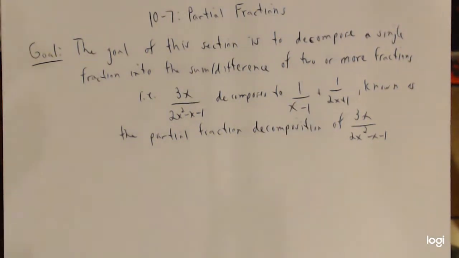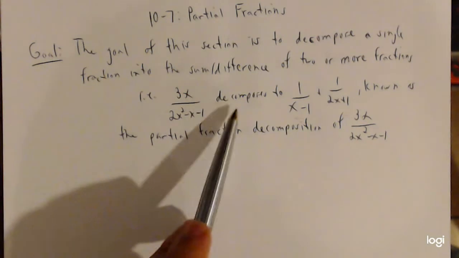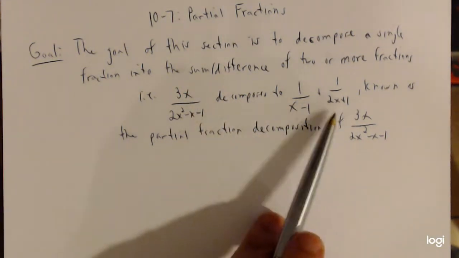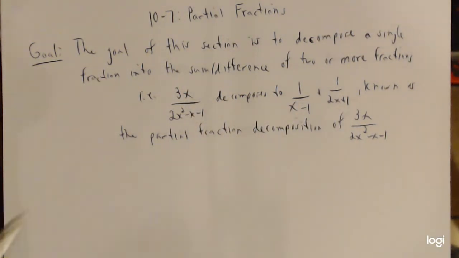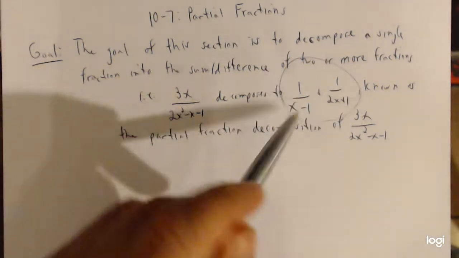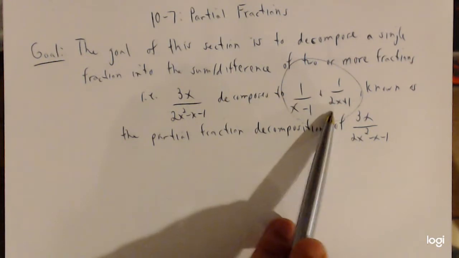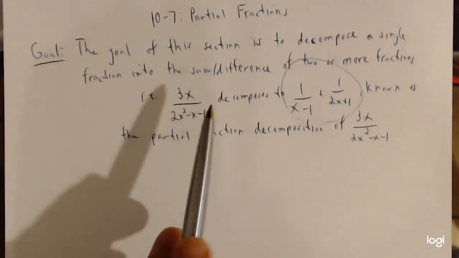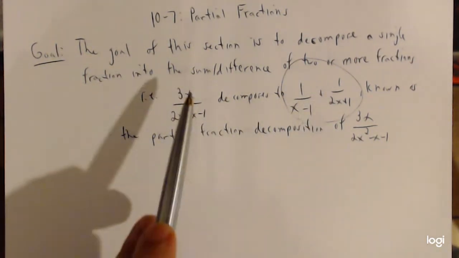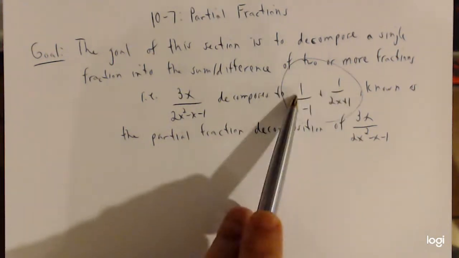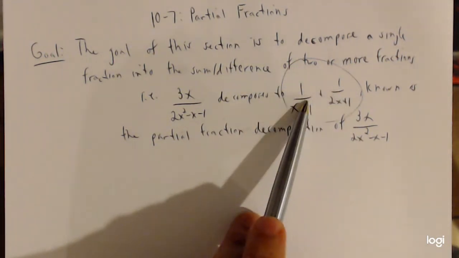So if you're thinking we're doing the opposite of what we've always been taught, that's exactly it. In the past, if I said simplify it, the first thing you'd say is, let's get a common denominator, put it together, and then it'll turn into that. So now we're saying, let's go back to the form that we had before we got the common denominator and put it together.